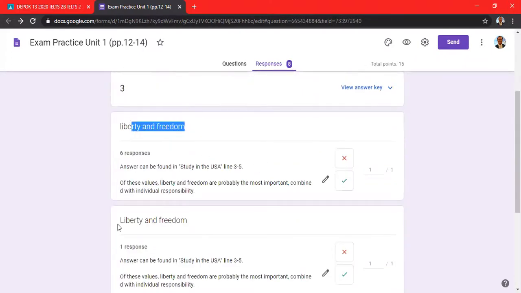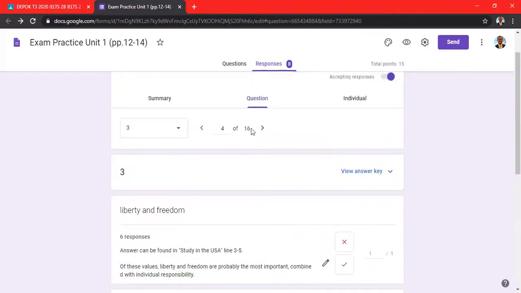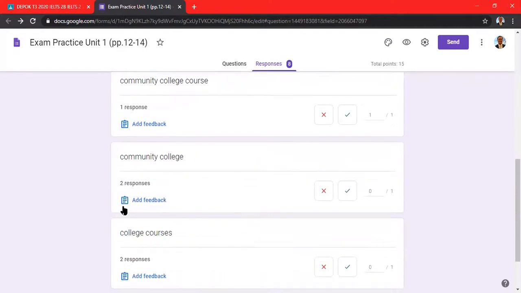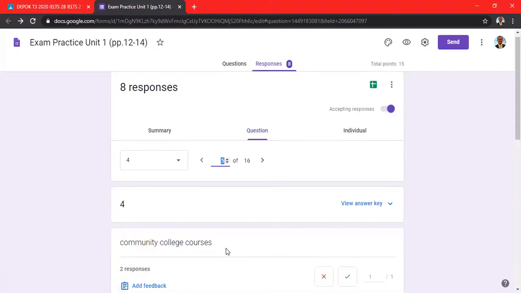Liberty and freedom, correct. 3 words. Liberty and freedom, individual responsibility, 5 words, so that's incorrect. Community college courses, correct. Community college, well, that will be incorrect. College courses also incorrect. It should be community college courses. Community college is correct, because community college courses or community college are synonymous, they are similar.